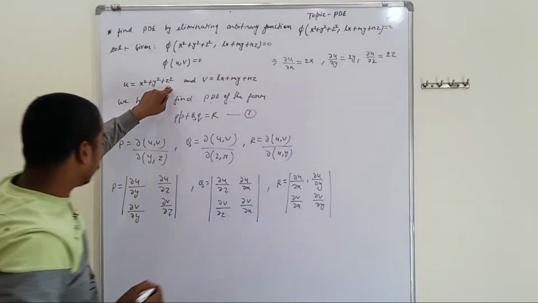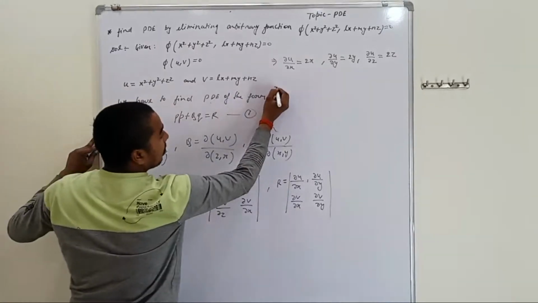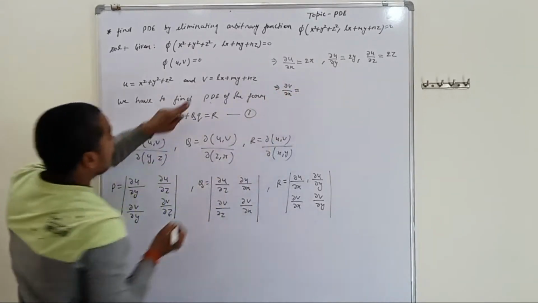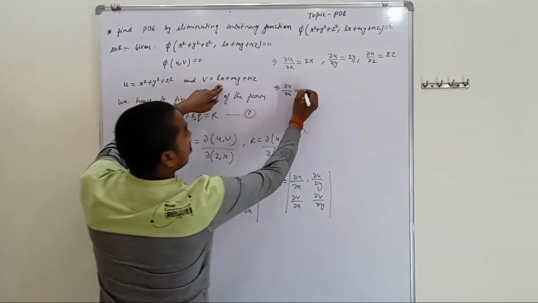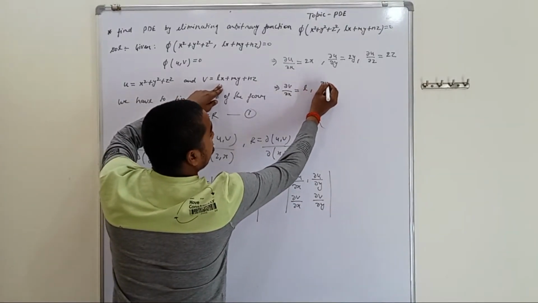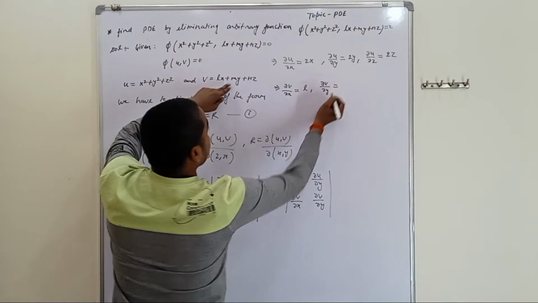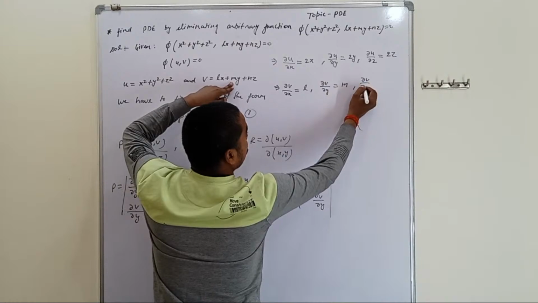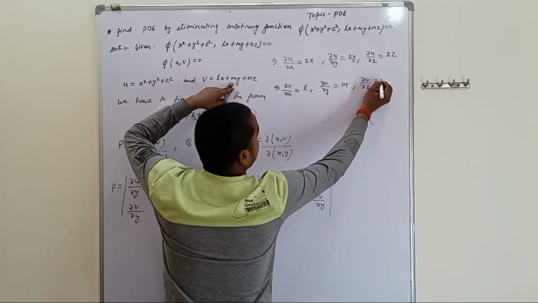We also find del v upon del x, which is small l, del v upon del y is small m, and del v upon del z is n.